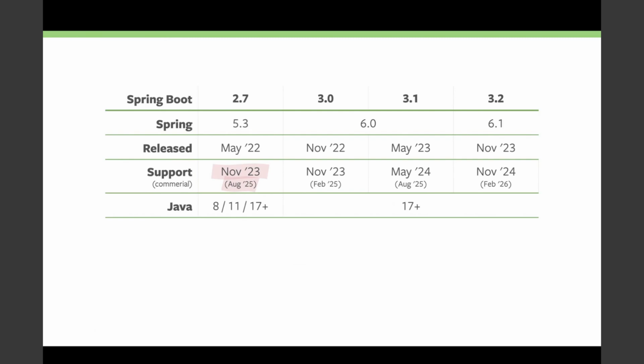I'm not sure we're actually pursuing the compatibility of 2.7 on 21, but 3.0 has a 17 baseline, and we're actively building against the most recent LTS releases of OpenJDK. I'm not supposed to say LTS versions really here. So if you want to move to 17 or 21, you're better off on 3.0.